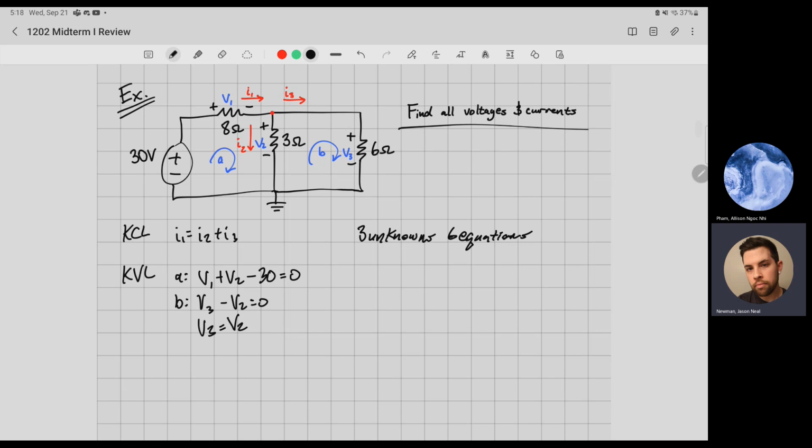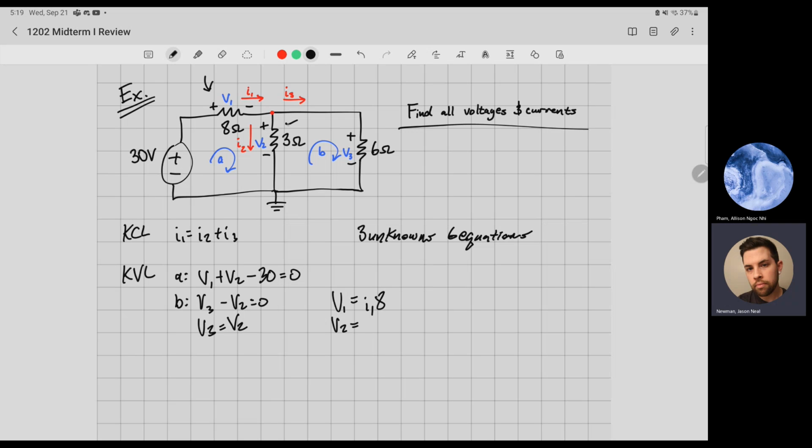So what we do in this problem is you take your friend Ohm's law, which is V equals IR. So let's say, what is V1? So V1 is right here. V1 would be I1 times 8, right? That's just V equals IR, right? So then V2 is going to be right here.